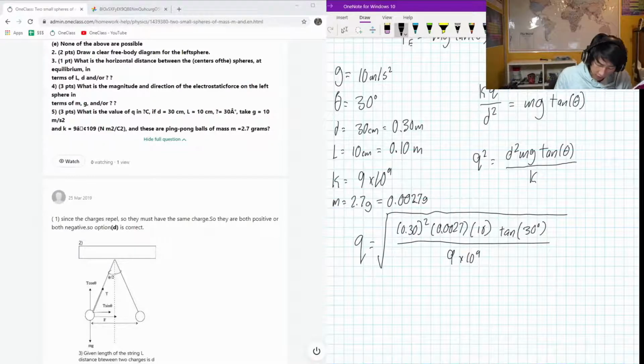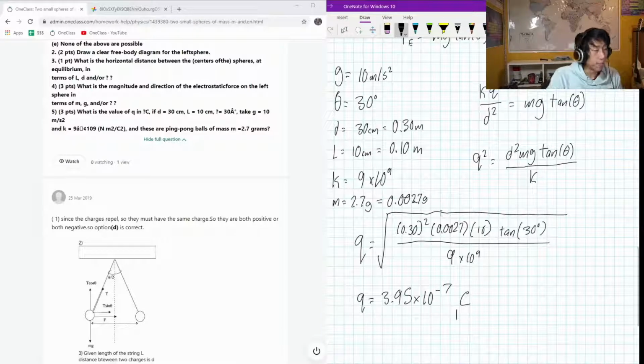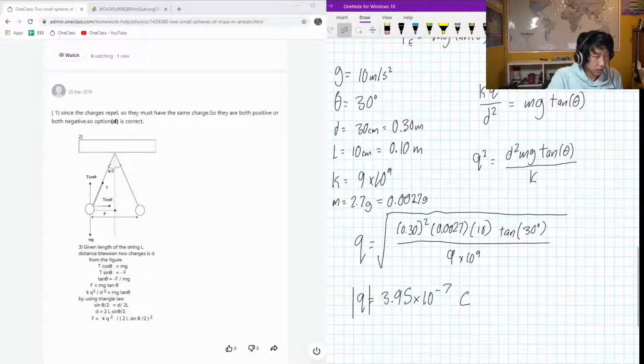My calculation for this is Q equal to 3.95 times 10 to the negative 7 coulombs. It doesn't specify if it's positive or negative, so we'll put an absolute value around here, so either way this is just the magnitude of the charge. So that would address this question.